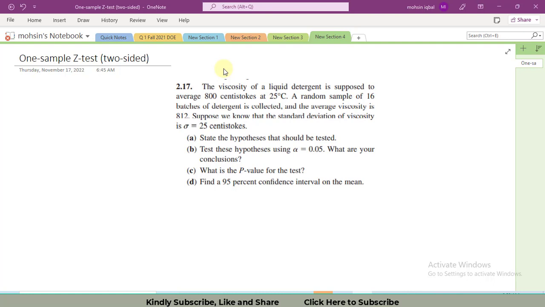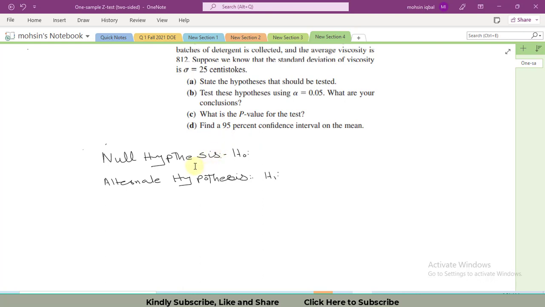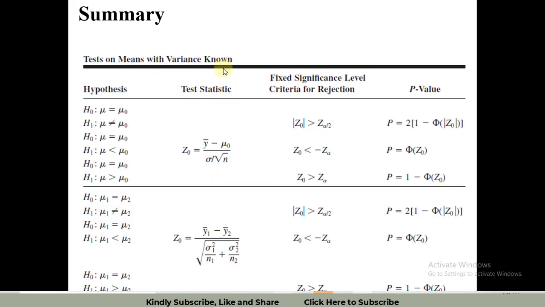Let's start with the null hypothesis and alternate hypothesis. The null hypothesis is represented by H0, whereas the alternate hypothesis is represented by H1. These are a few cases that have been presented in the book for the z-test scenarios. So we are following this first one, that mu is equal to mu naught, whose value is 800, and mu is not equal to mu naught.